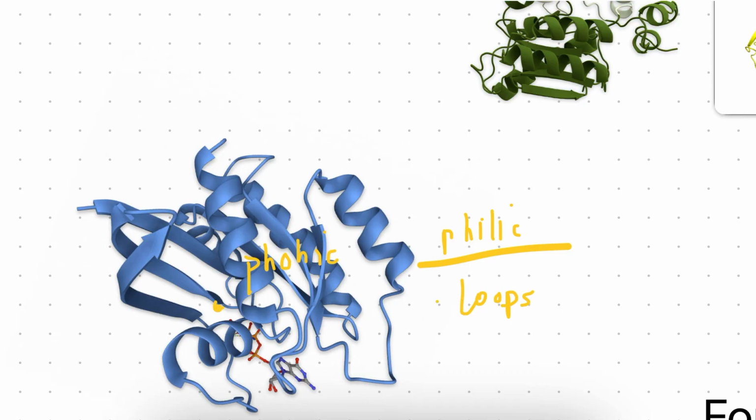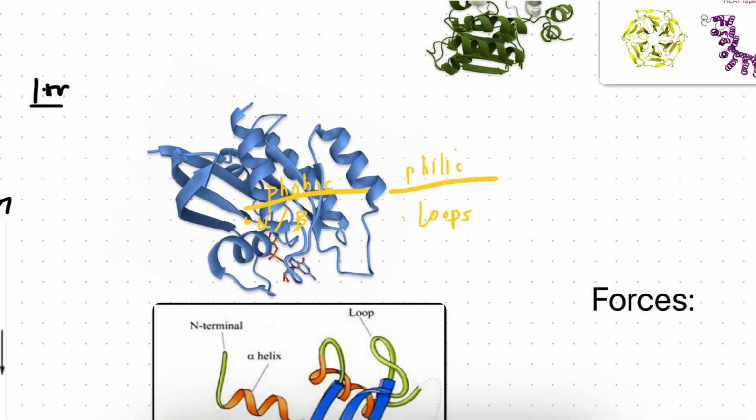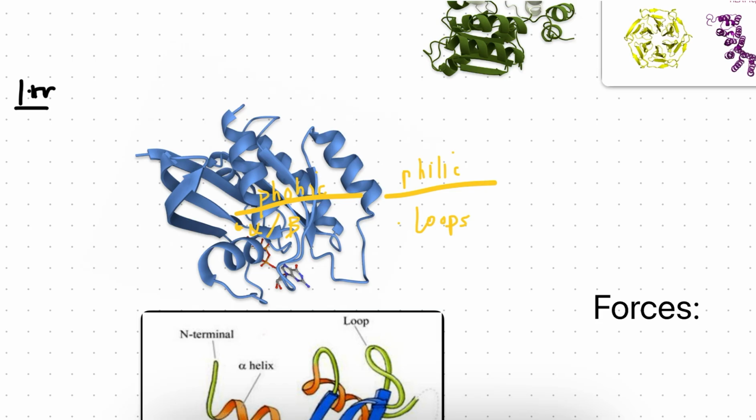Everything inside will be the hydrophobic side chains, such as nonpolar amino acids, as well as the regular secondary structures, such as alpha helix and beta sheet. Okay, so outside is hydrophilic, inside is hydrophobic.